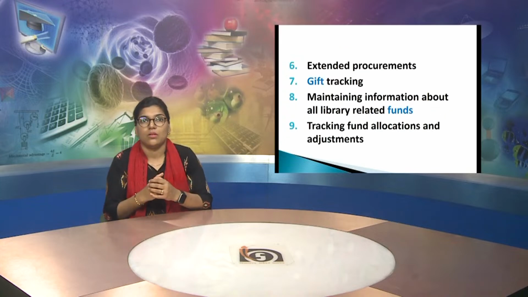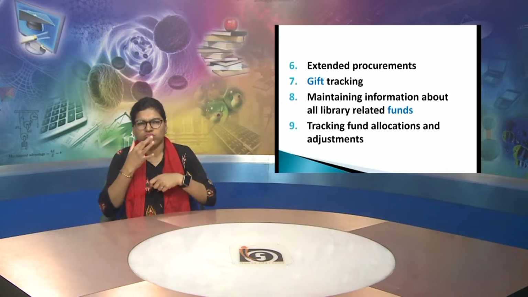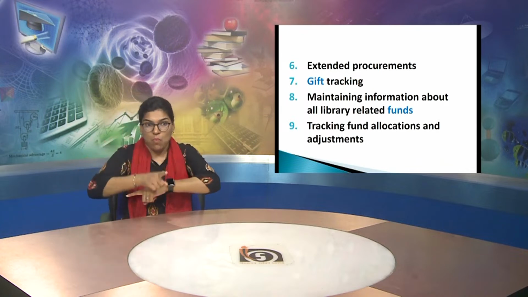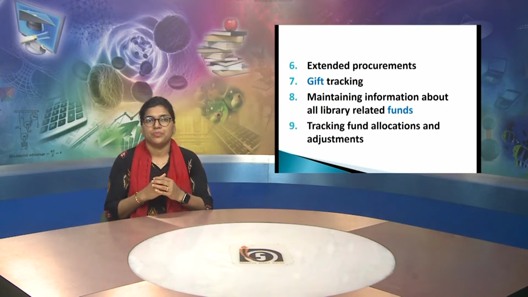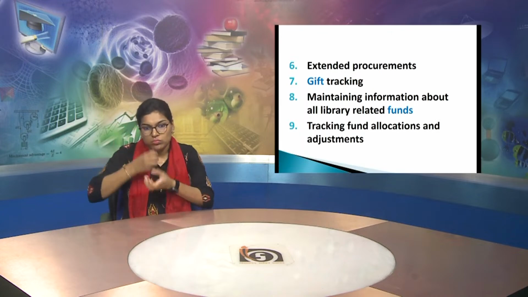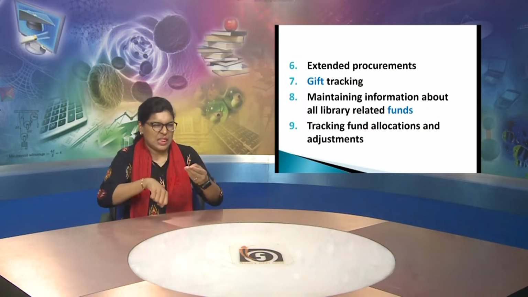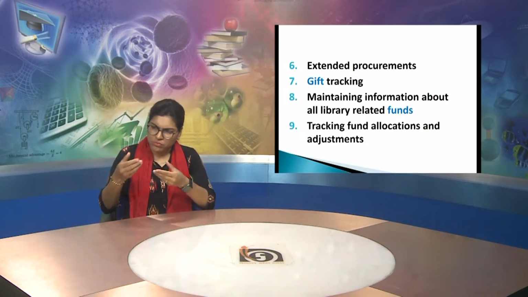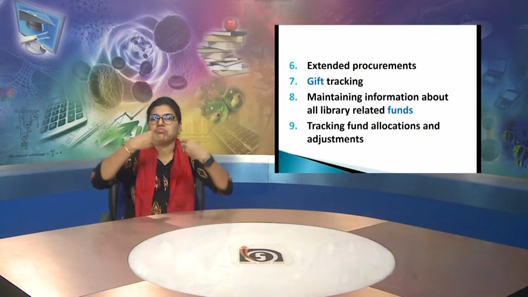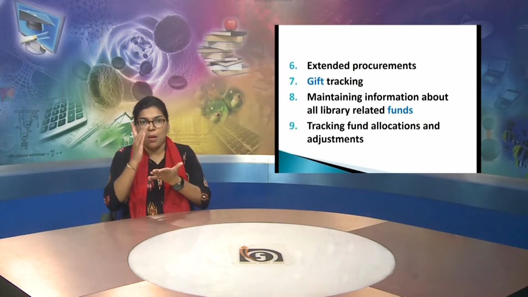And the sixth point is extended procurement, which is in the case of some addition to the selected list. And then seventh is gift tracking. This is something inside that system to track the gift items, whichever are to be received or which are to be provided to the users.